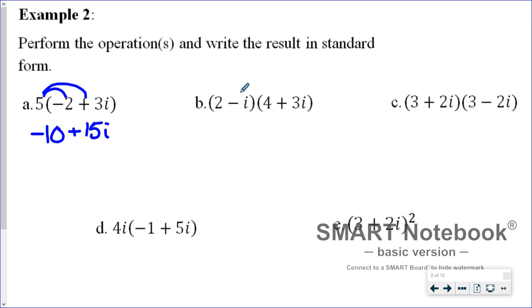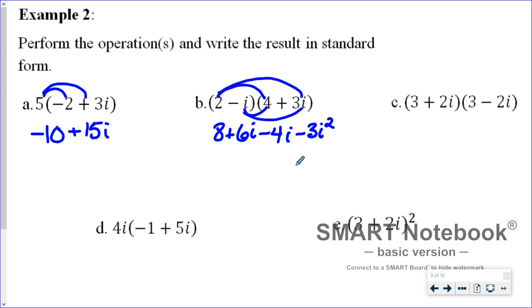Here you can distribute again, which, with binomials, I'm sure a lot of you think of as foiling. I think of it as distributing. So first I distribute the 2. So we're going to get 8 plus 6i. Then we distribute the negative i. So negative 4i minus 3i squared.